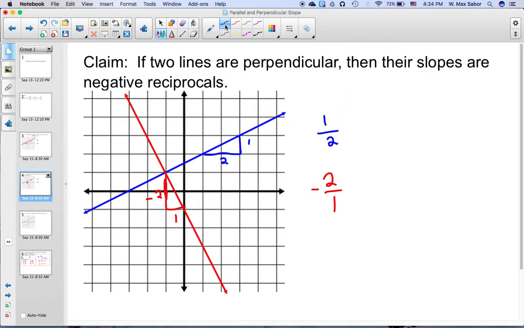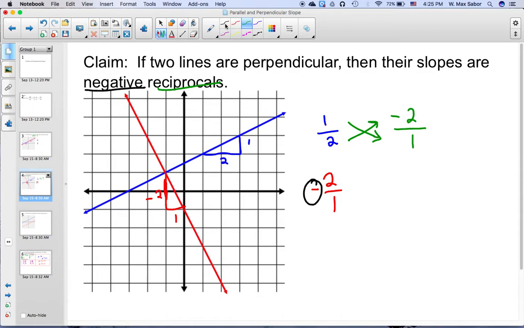This is what I mean by negative reciprocals, meaning one of them is negative, and reciprocal, meaning if we flip these, 1 over 2, negative 2 over 1. So that's what I mean by negative reciprocals.